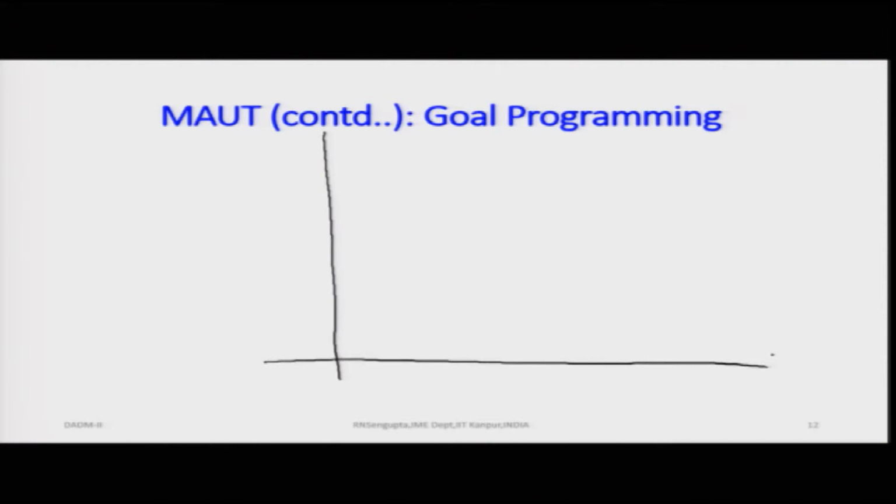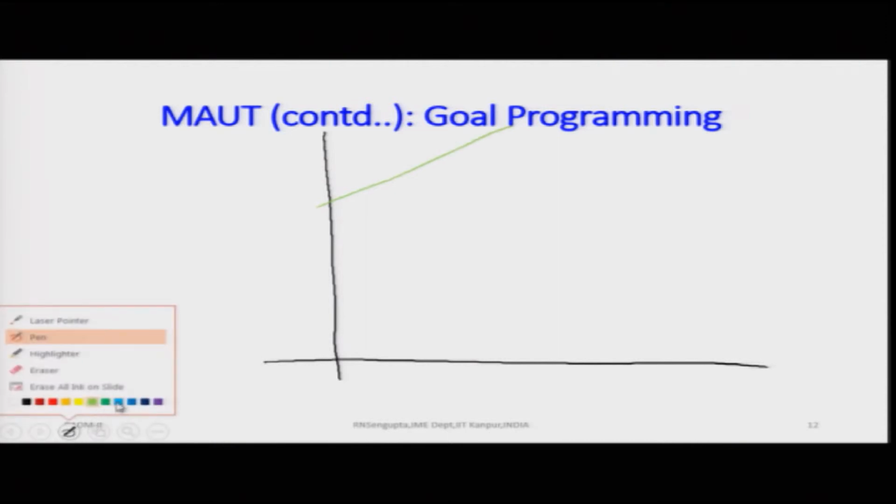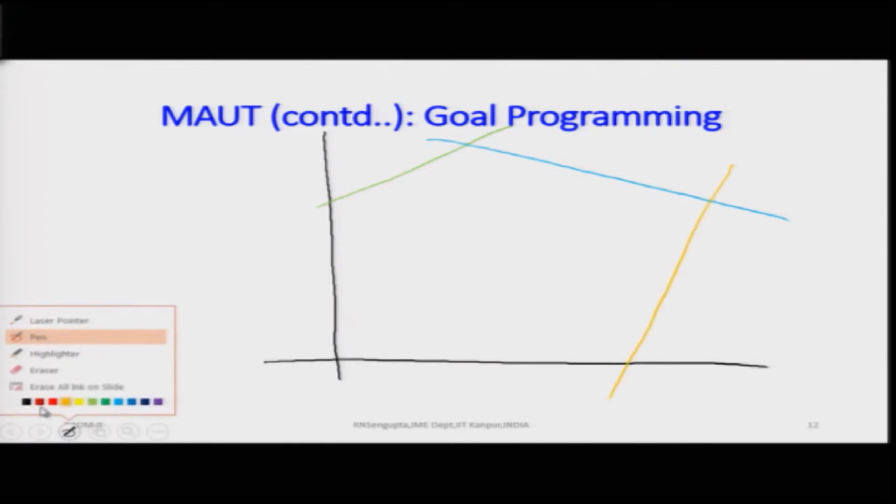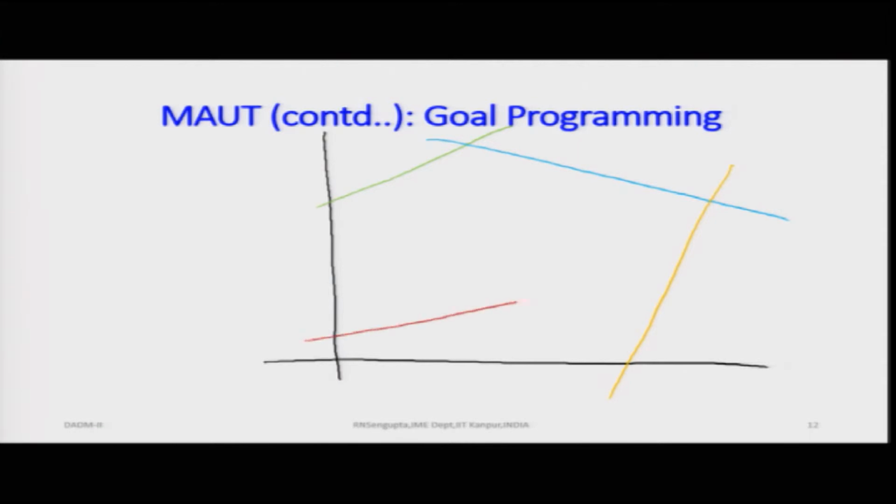So, the constraints would be coming now. Consider this is one of the constraints. I am drawing simple linear constraints. The second one is this, then the third one is this, then the fourth one is this.